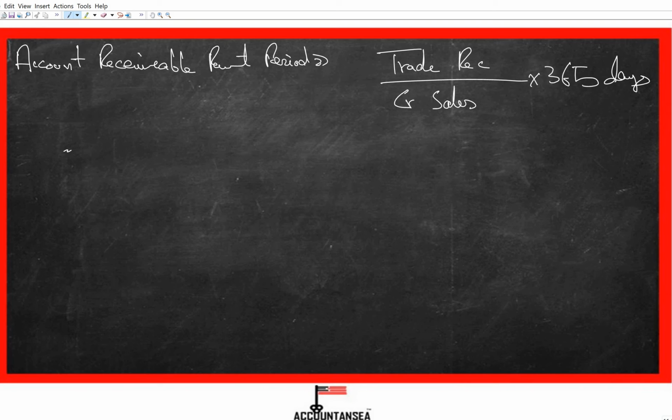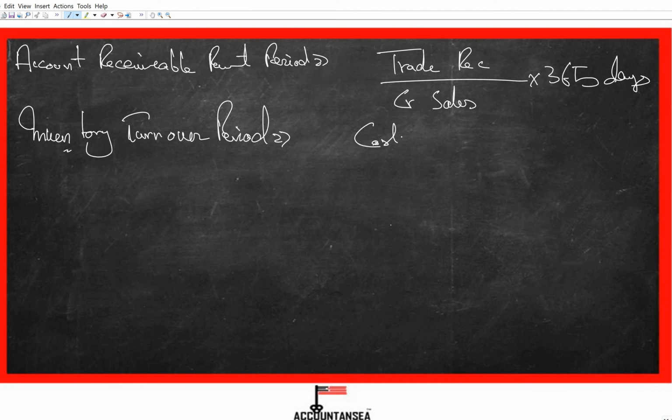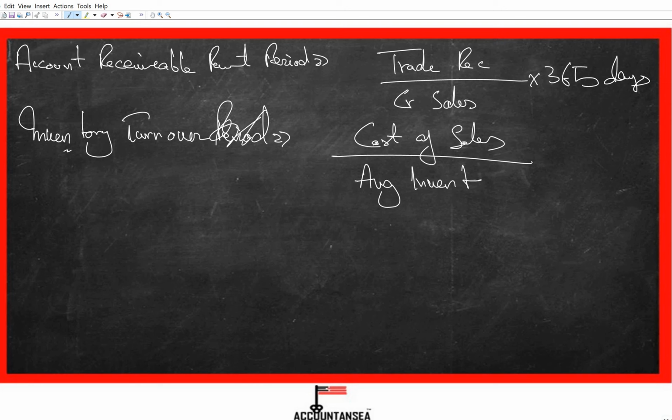Then we have the inventory turnover. Inventory turnover is cost of sales divided by average inventory, and average inventory can be calculated as inventory divided by 2.